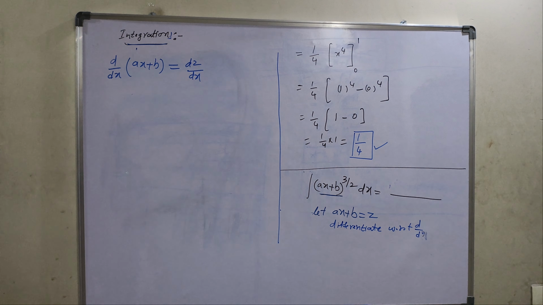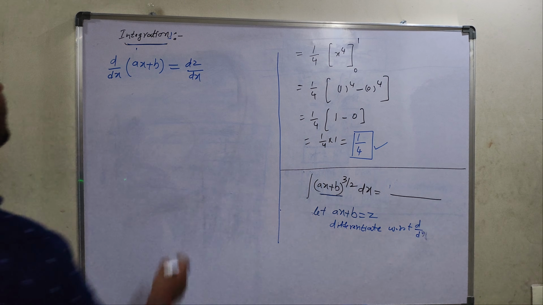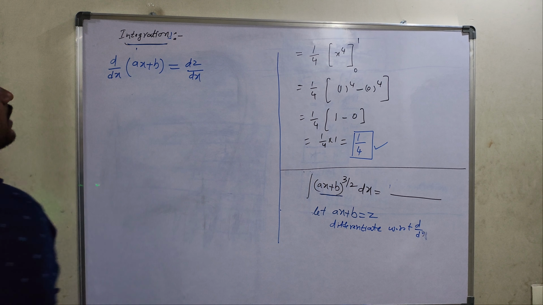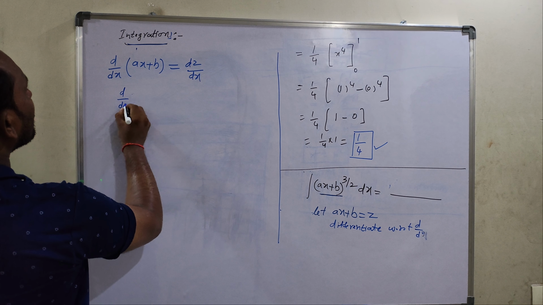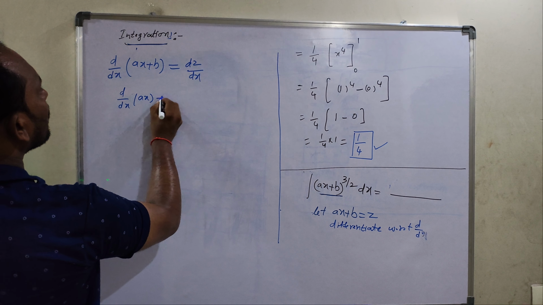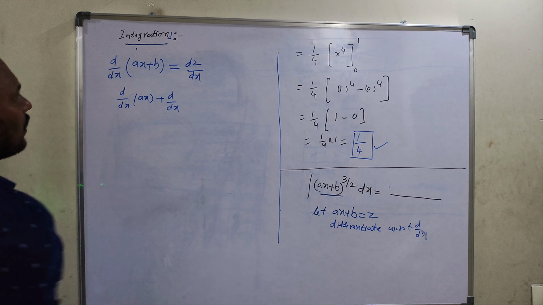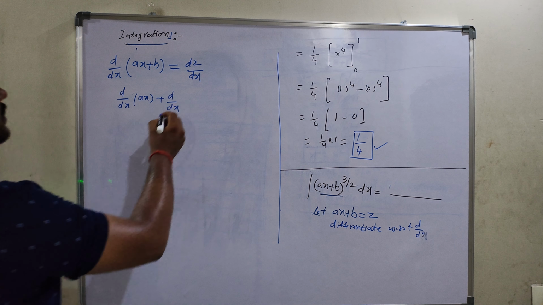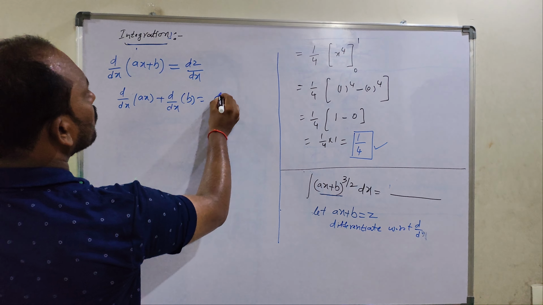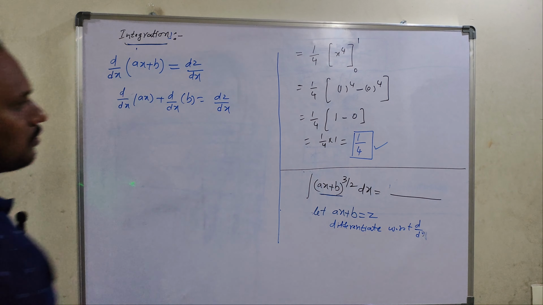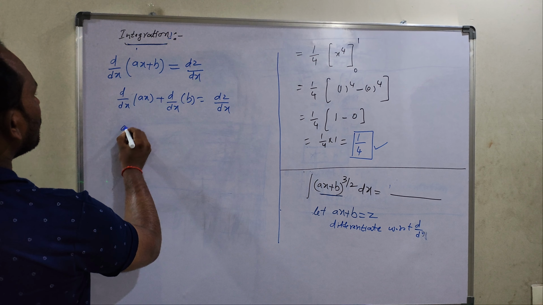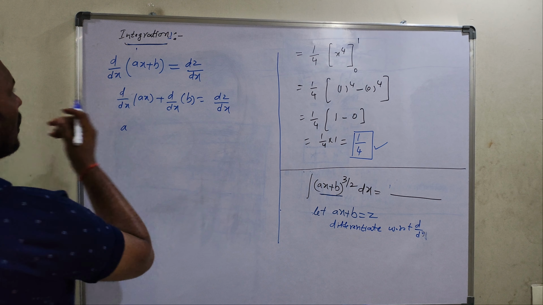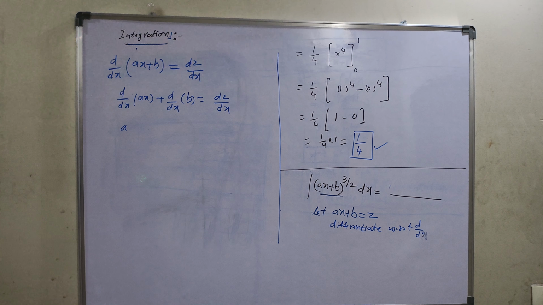Since a is a constant, d/dx of ax plus d/dx of b is equal to dz by dx. I hope you people have understood. So d/dx of a is constant, so d/dx of ax.